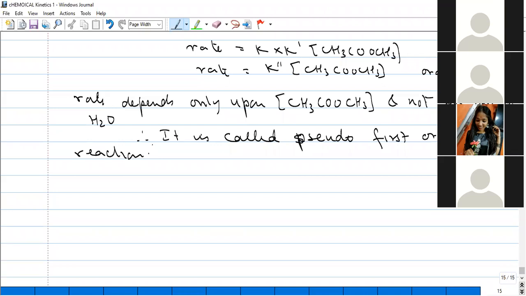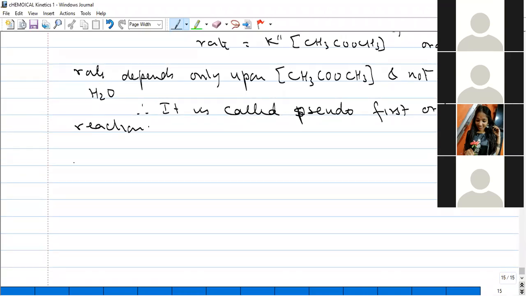The second example which I can give you is hydrolysis of cane sugar.